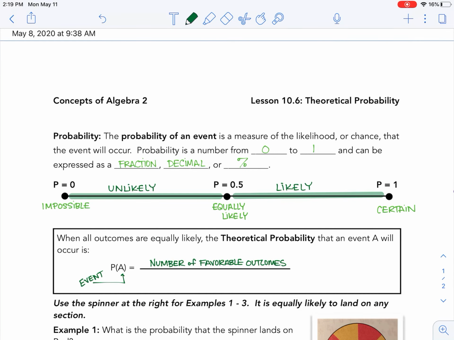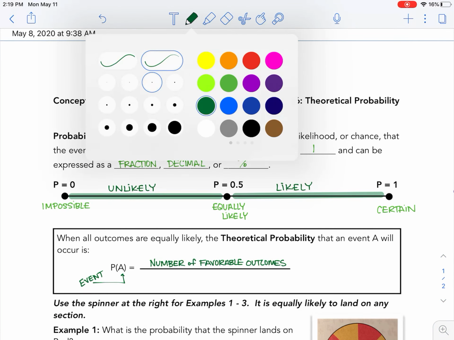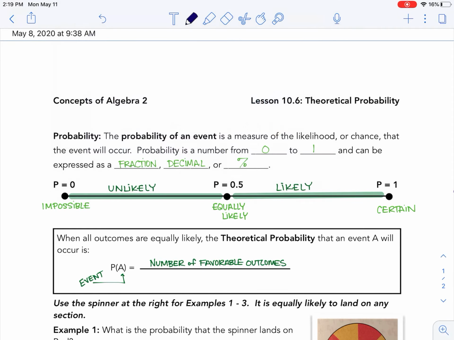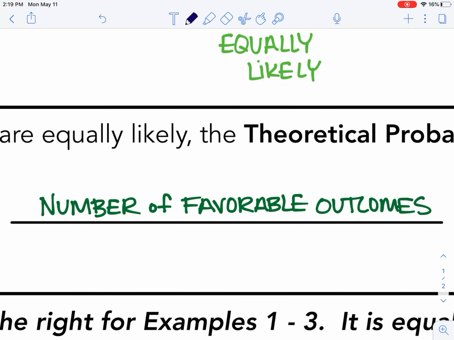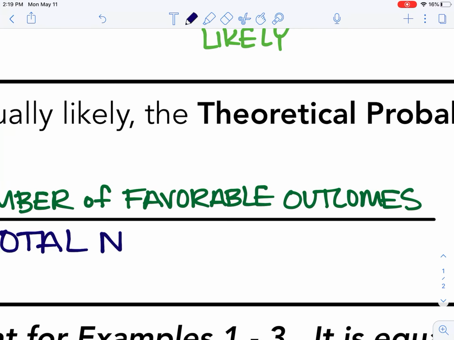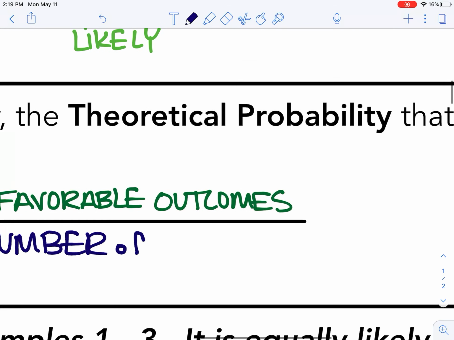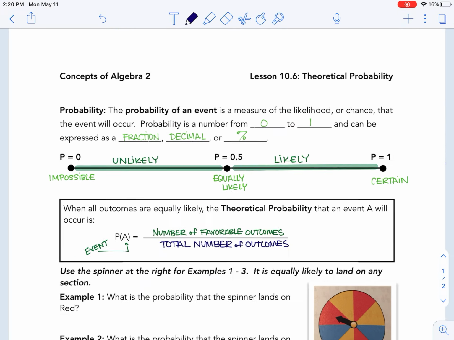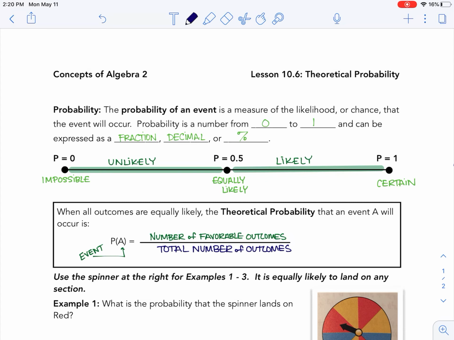I typically just shorten it down and say favorable. However, depending on how many outcomes are possible, you'll then divide that number by the total number of possible outcomes. And that's how we'll find our probability.